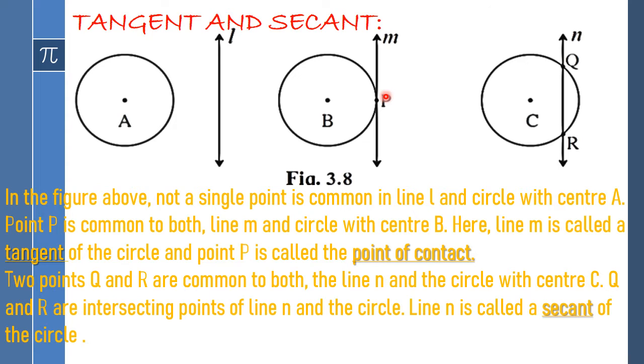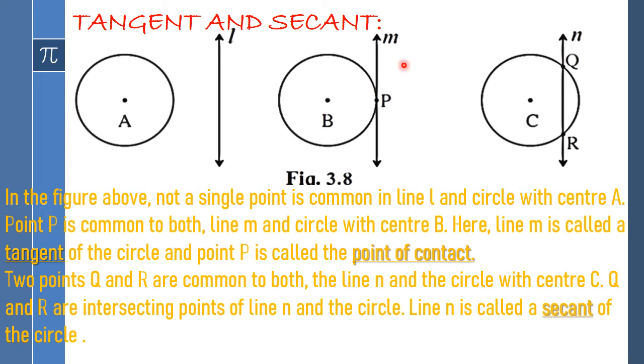So if you have a line such that it touches the circle at just one single point, then that line is called a tangent of the circle, and this point P where it touches the circle is called the point of contact. So a line which touches the circle at a single point is called a tangent, and that single point is called the point of contact.